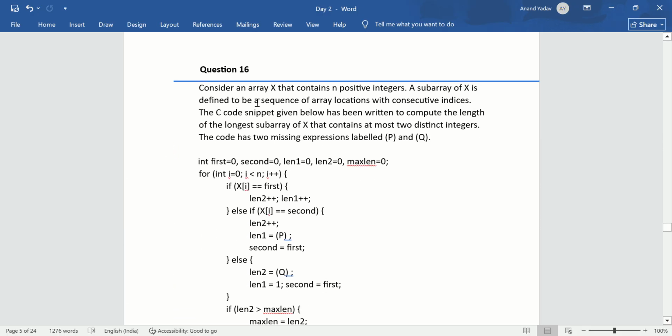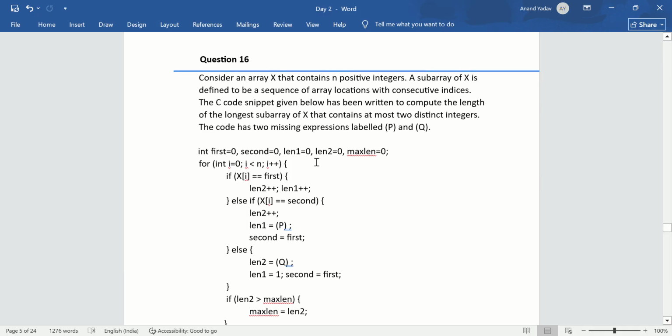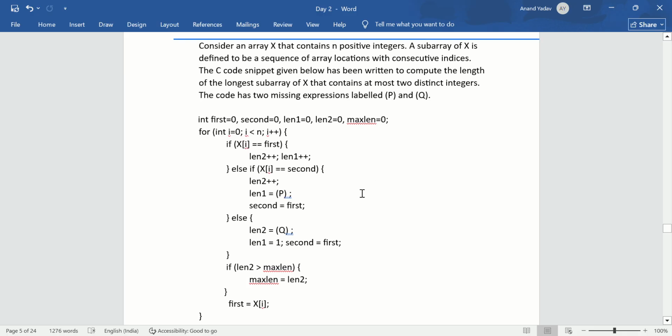Now the next question is question 16. Consider an array X that contains n positive integers, and a subarray of X. Basically the array is given. It asks what the maximum length of a subarray is which contains at most two distinct elements.